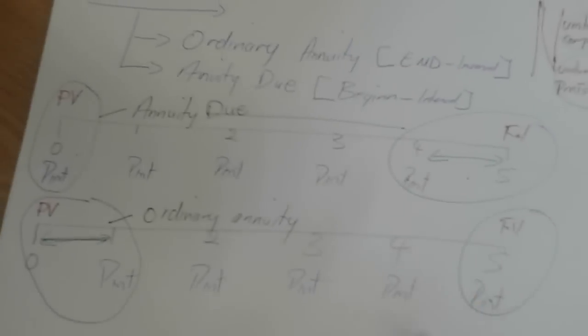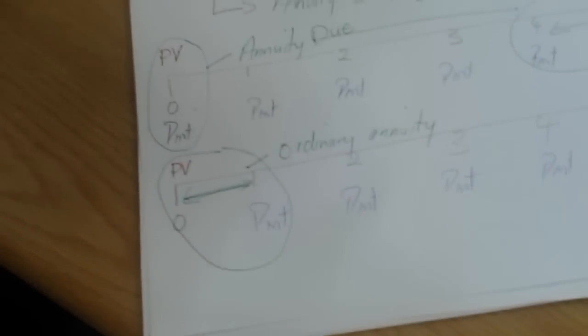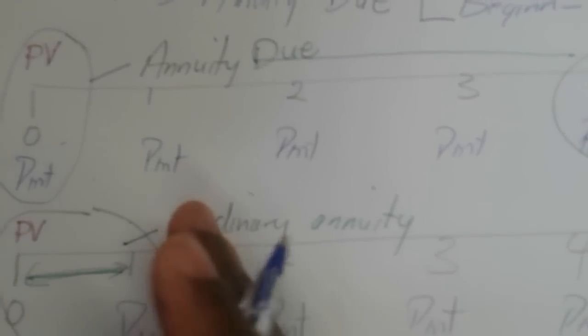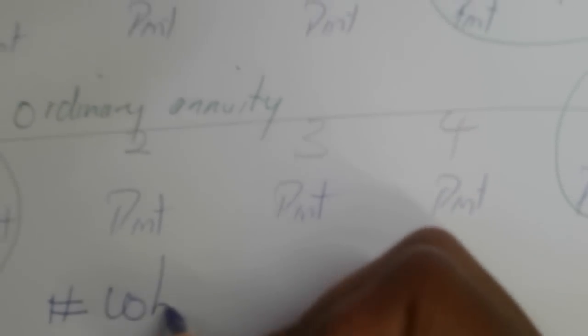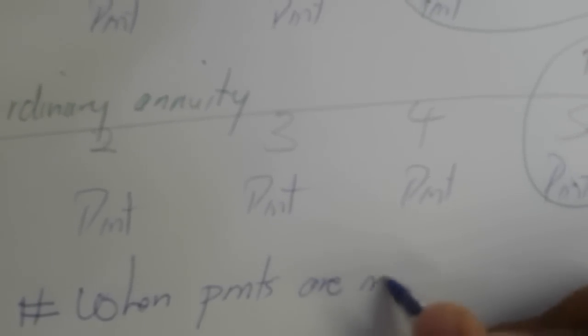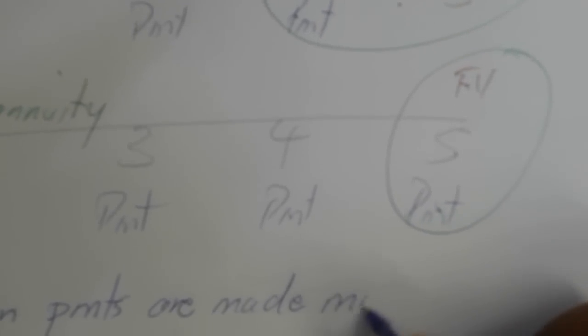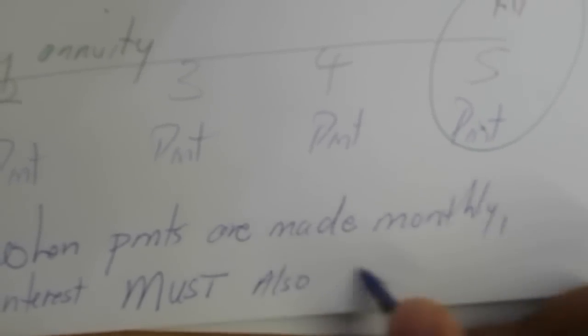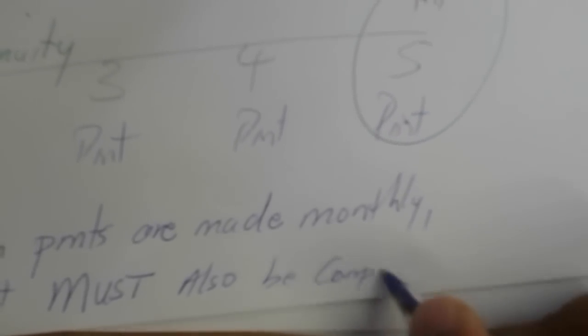So this is annuities. And one more thing that you need to remember, the reason why we did the previous part of converting from one nominal to another nominal is because when payments are made monthly, not compounded, when they are made monthly, interest must also be compounded monthly.